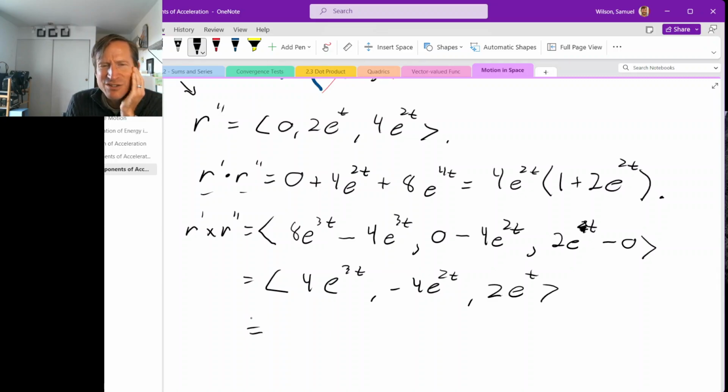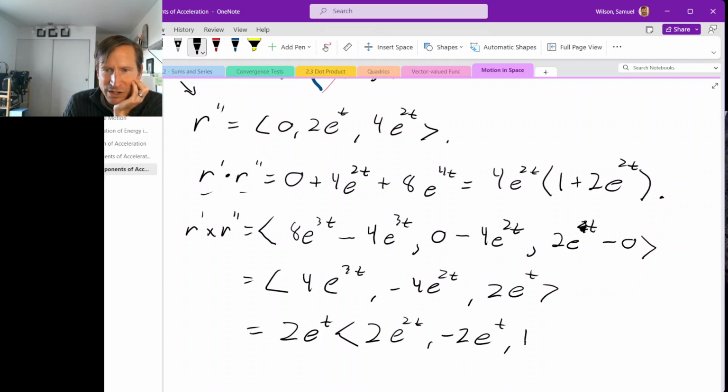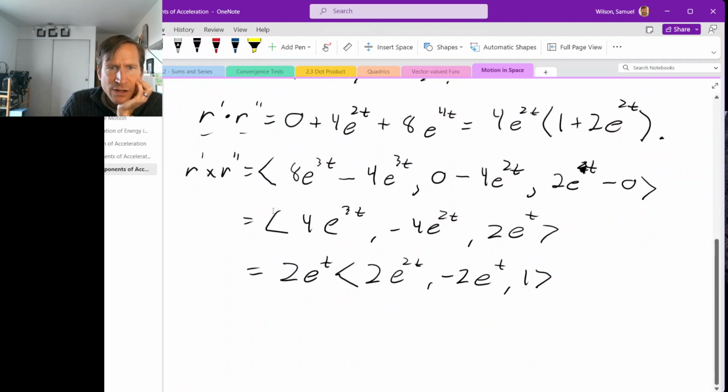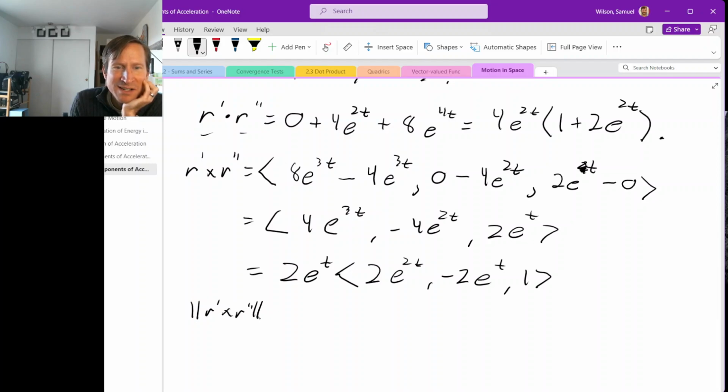To calculate magnitudes, it's nice to have common multiples factored out, so let's factor out a 2e to the t. So this leaves us with 2e to the 2t, minus 2e to the t, and 1. Okay, now we need the magnitude of the cross product, so the magnitude of r prime cross r double prime.